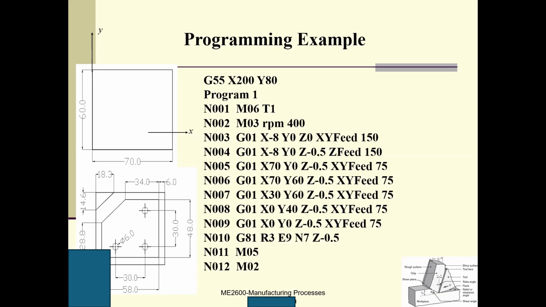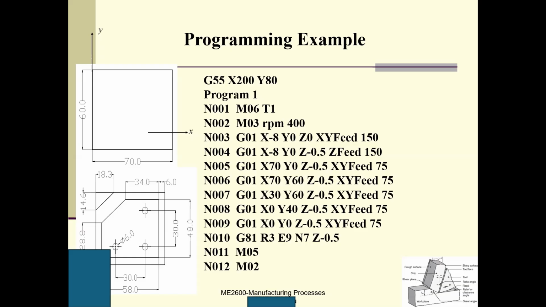X30 should be here. So you got here, the total is 70, and this one is 34. Now, here will be 70 minus 34, which is 36. I just want to move a little bit here. So this is X30, Y60, Z minus 35. Go here. Then I go to X0, Y40, this again, right?